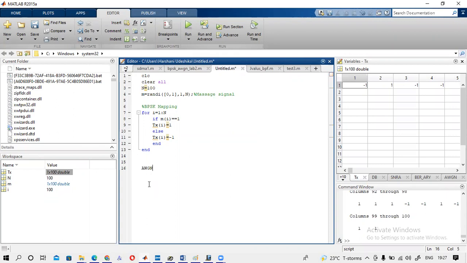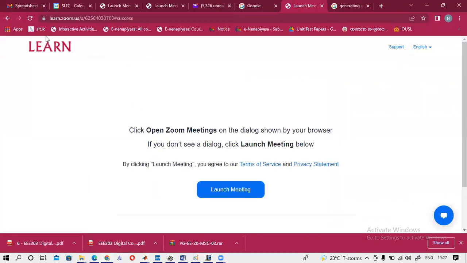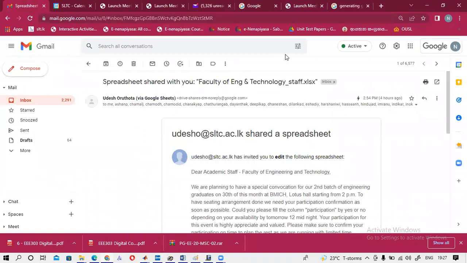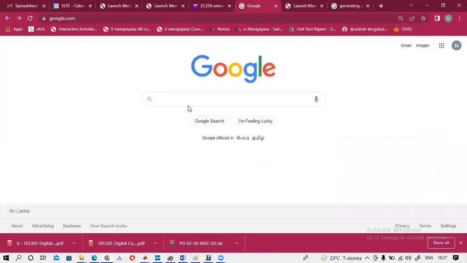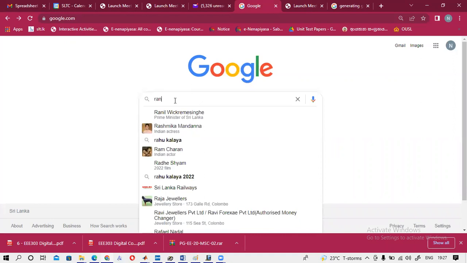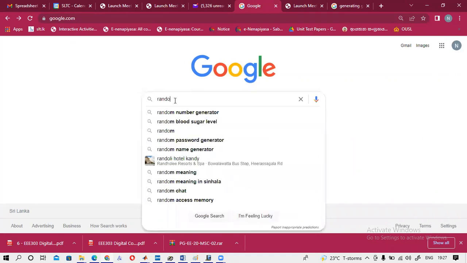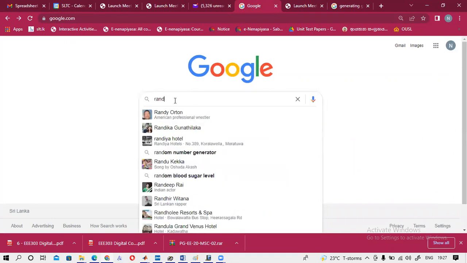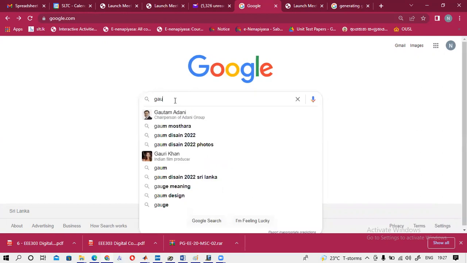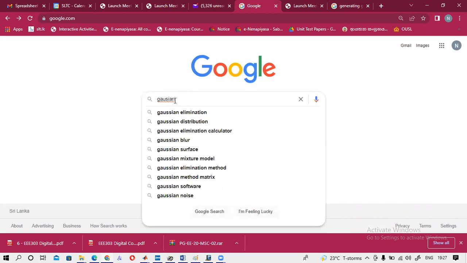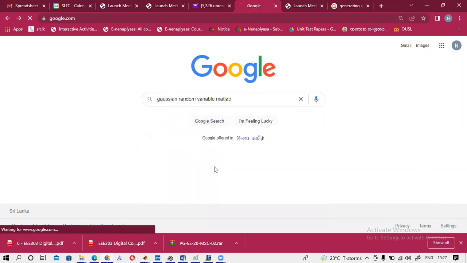You already know how we can generate it. In the previous section we saw the code for a Gaussian random variable in Matlab.